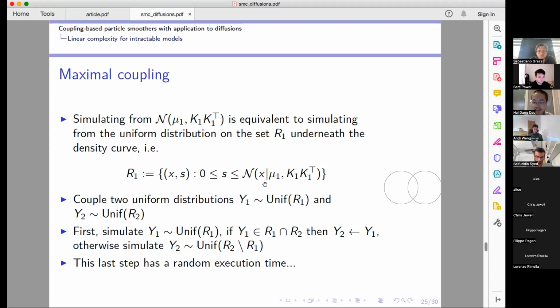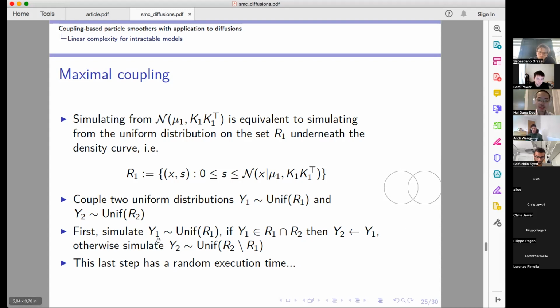N(H; mu1, K1 K1 transpose) is the multivariate normal density at point H with parameters mu1 and K1 K1 transpose. So the problem now becomes the coupling of two uniform distributions on R1 and R2. You can look at this Venn diagram, which gives you some intuition about this.